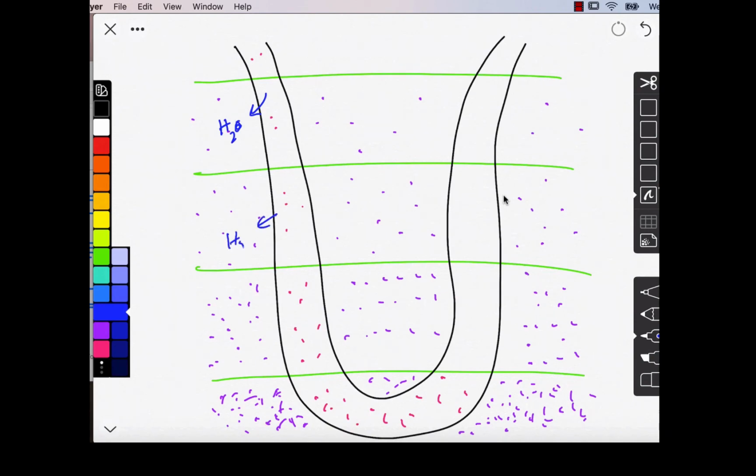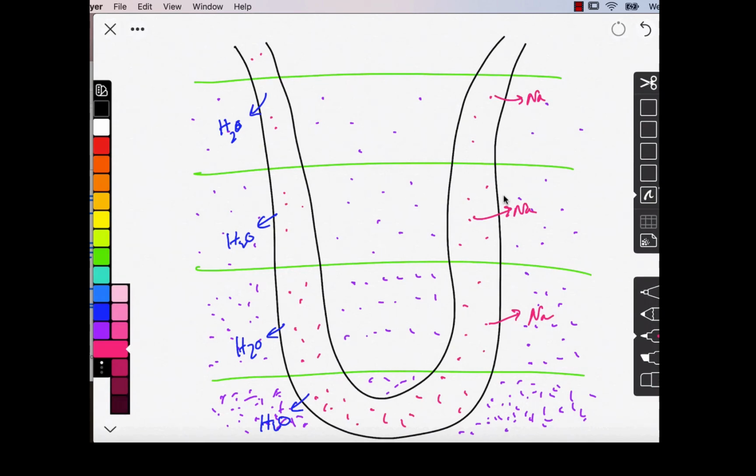As that water exits, it makes the concentration inside the tube get greater. Now, as that fluid goes up, it's going to try to equilibrate with the surrounding environment, and that means that salt is going to get pulled out. So that's what should happen in a normal person.